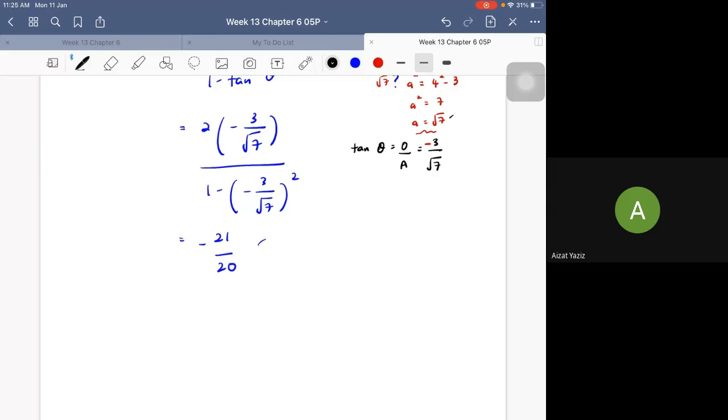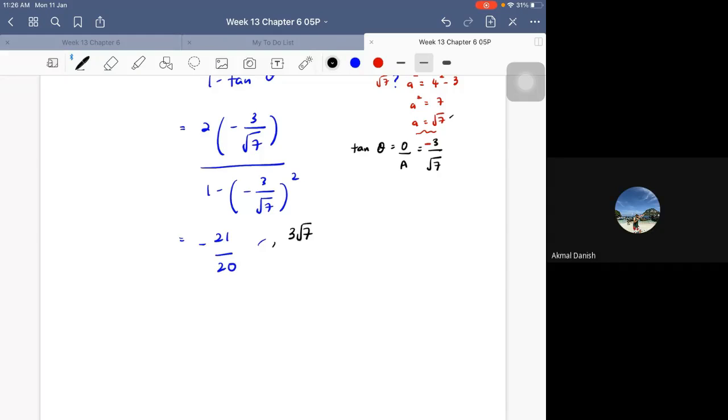Is it 3 times square root 7, madam? 3 times square root 7. He got 3 over square root 7 as his answer. 3 square root 7. Is this the same as his answer? So 3 square root 7 is 7 point something. So 21 over 20.